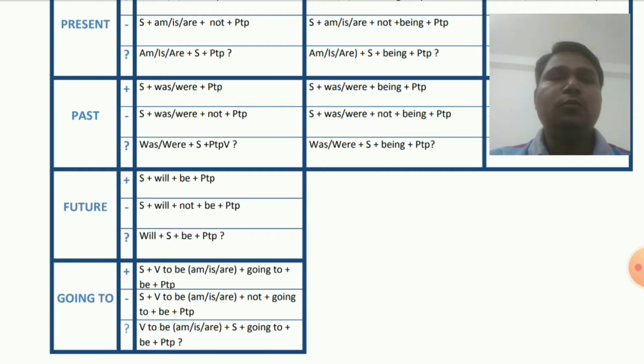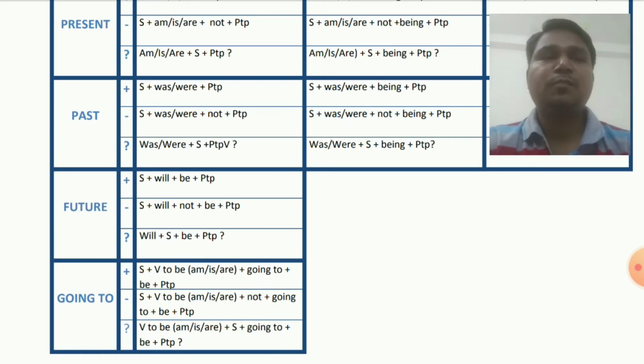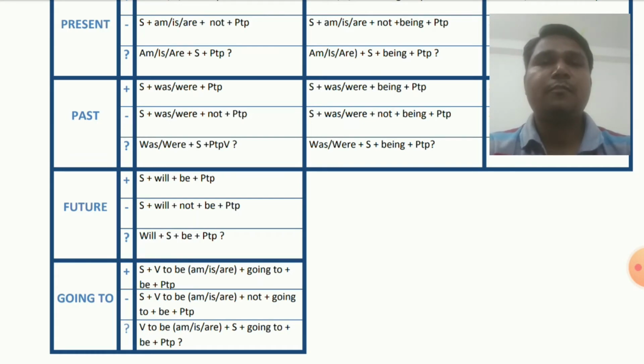To make negative, you have to use the format: subject plus will plus not plus be plus past participle. To make the interrogative, you have to use the format: will plus subject plus be plus past participle plus question mark.